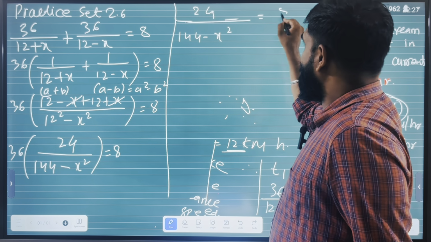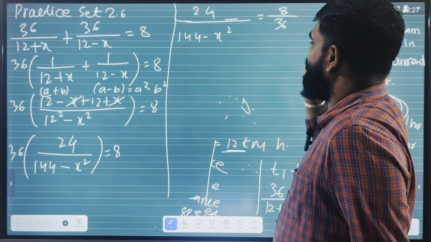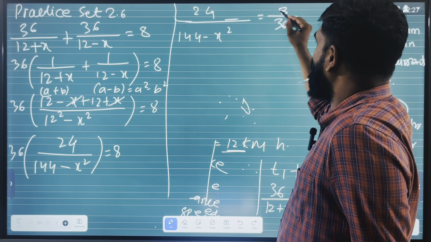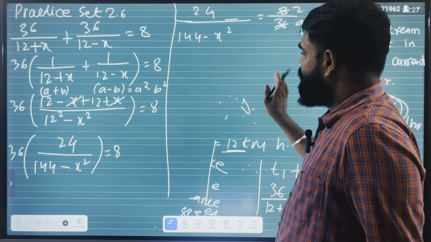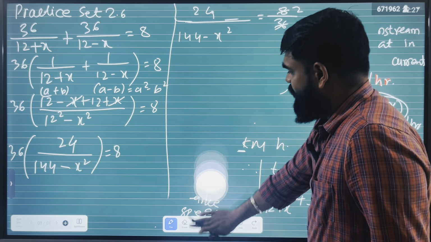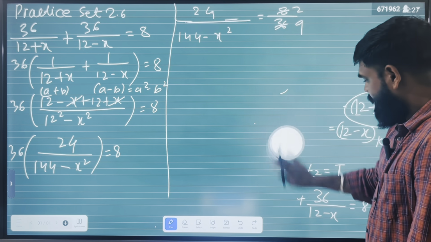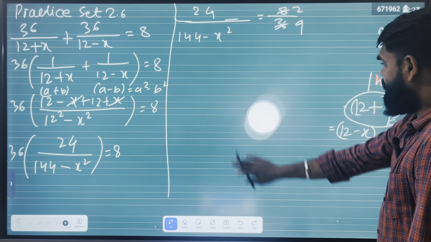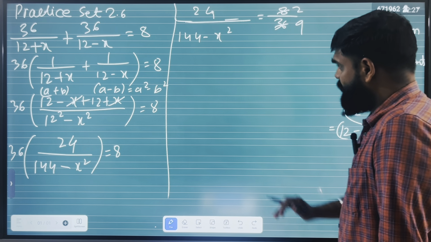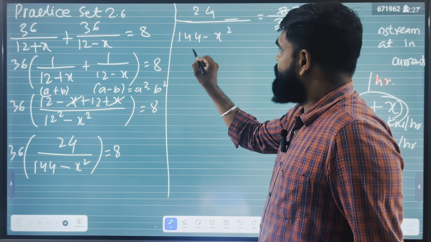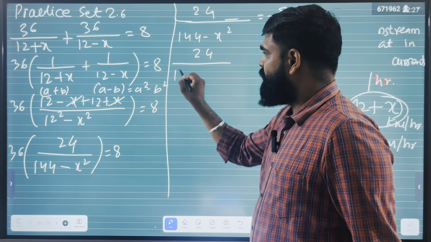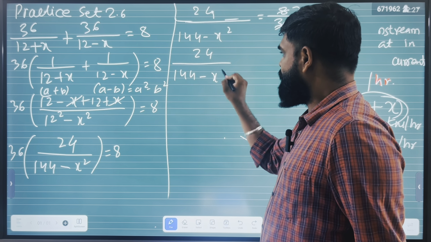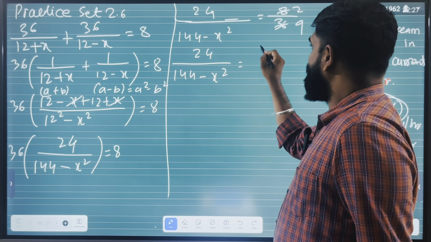We can simplify this: 4 2s are 4, 9s are 36, so now we can easily cross multiply, and there will be a very easy quadratic equation. So this is 24 by 144 minus x square is equal to 2 by 9.